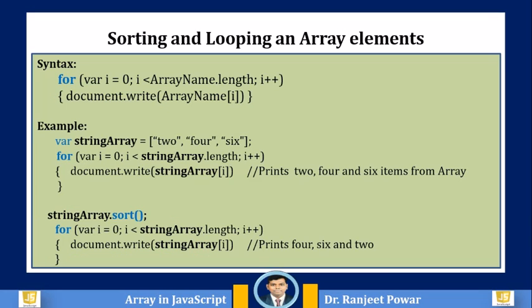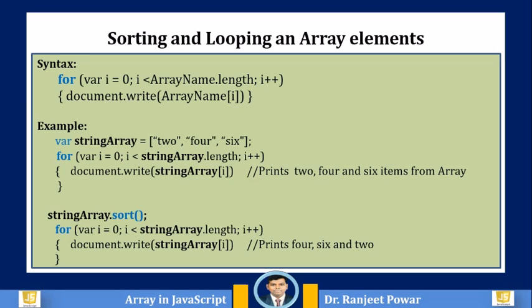Sorting and looping array elements. We can retrieve elements of an array one by one by using the index of an element, or we can iterate through all elements using a loop. Here, the length property of an array is used to get the position of the last element in the array.